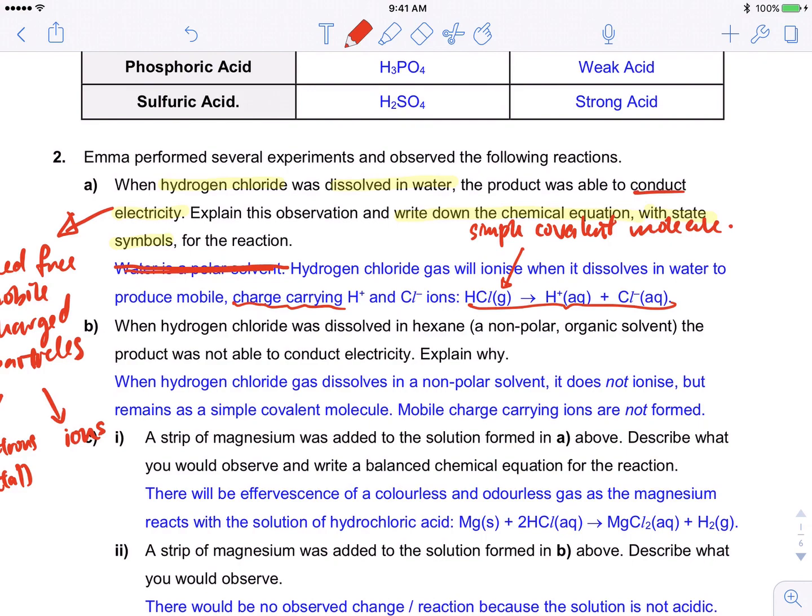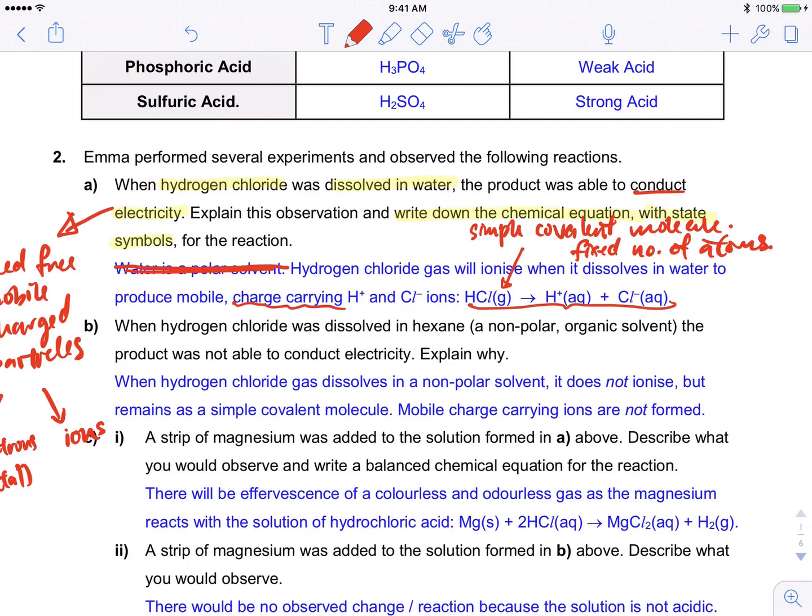What's the difference? Simple covalent molecules have a fixed number of atoms. The atoms are countable, whereas for a giant covalent molecule, the atoms are uncountable. So in this case, HCl is a simple covalent molecule. Simple covalent molecules typically have low melting and boiling points, which is why it's a gas.